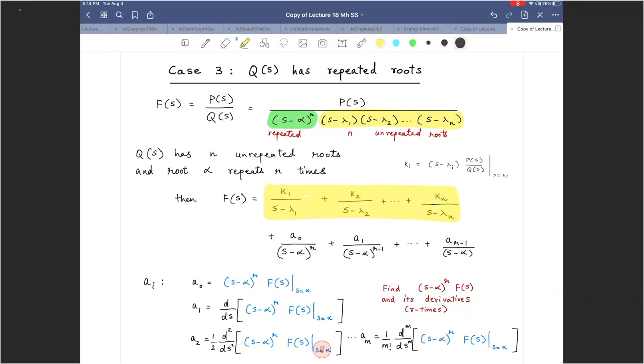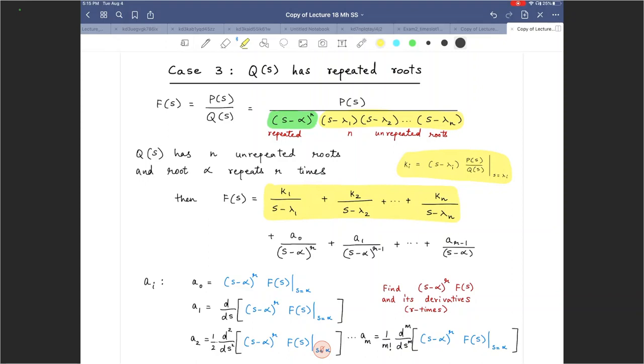That is for the n unrepeated roots. And how do you evaluate k1, k2, k3, k4 and so on up to kn? We are going to use simply the same step that we used for case 1. K sub i is evaluated by multiplying the rational Laplace transform by s minus lambda sub i and evaluating f of s at s equals lambda sub i.